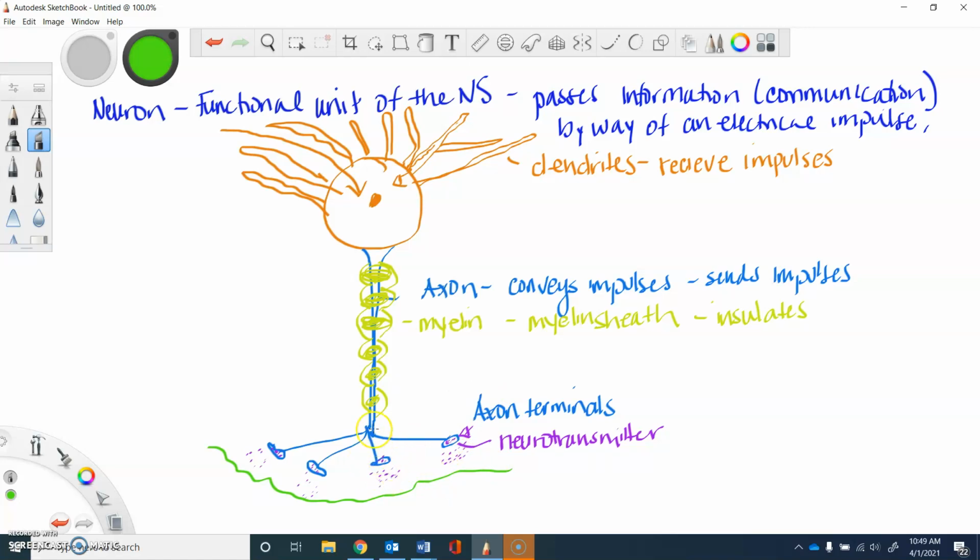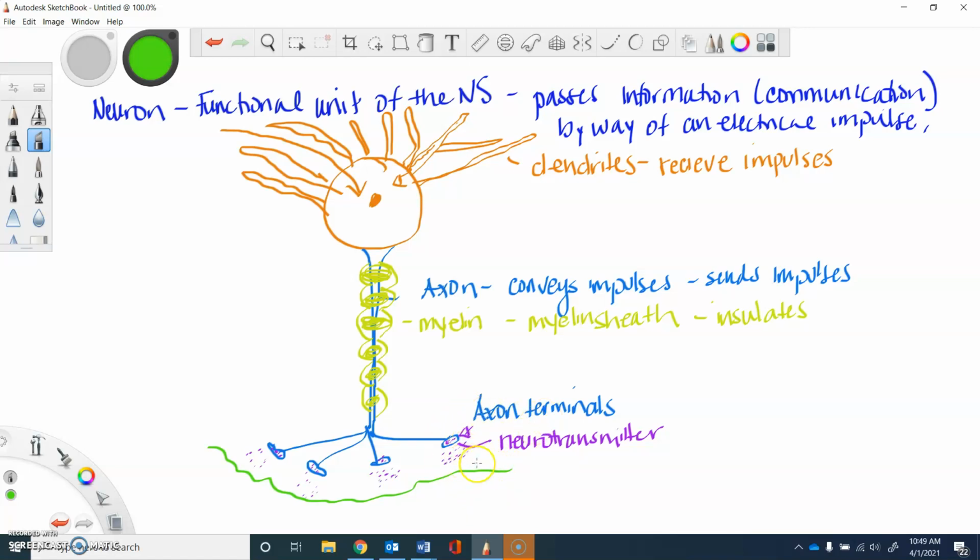And the place where that axon terminal meets the effector that it is innervating, it doesn't touch. It's just like the neuromuscular junction.